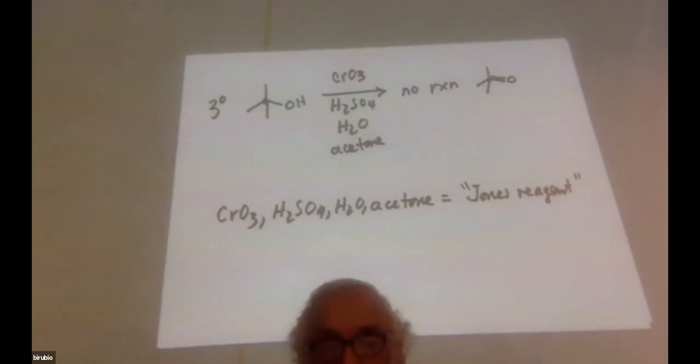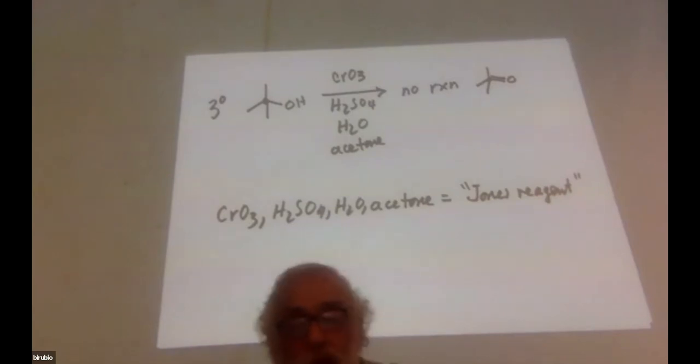And this reaction with chromium trioxide, sulfuric acid, water, and acetone is also called the Jones reaction. All right, so let's look at the mechanism of the reaction.